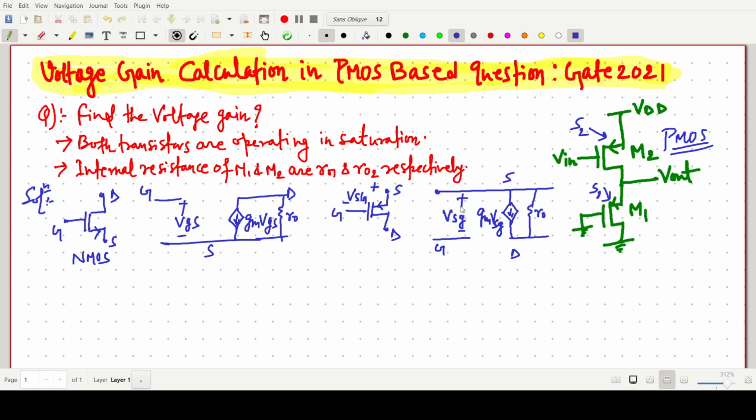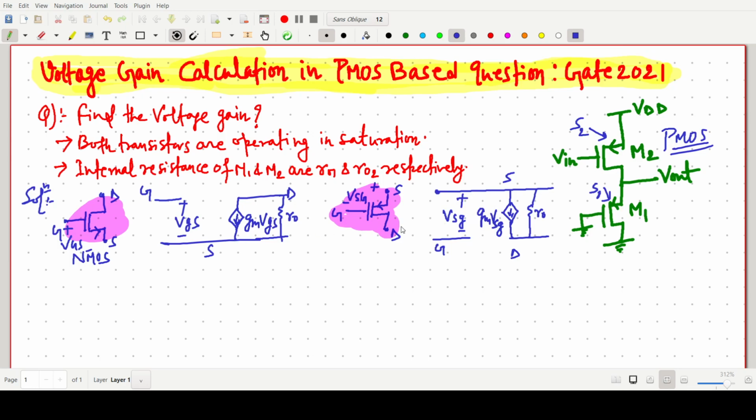The source terminal will be positive in this case, that you have to know. This is the very basic concept. In PMOS, the source voltage will be positive, but in case of NMOS, this one will be our VGS, so the gate voltage will be positive. So this is the small signal model of PMOS.